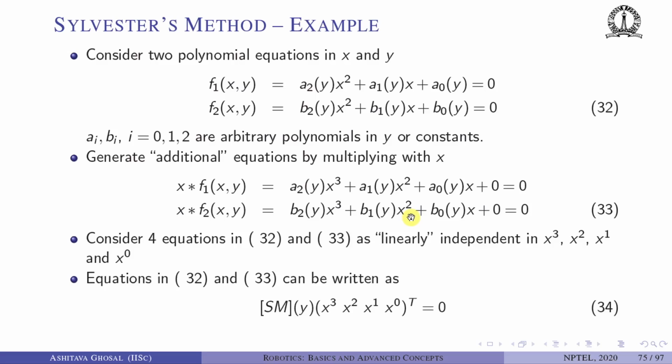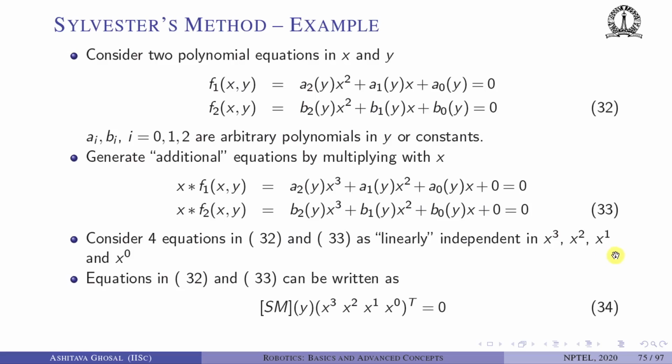The second step in Sylvester's method is very important. It tells you that we consider x cube, x square, x which is x to the power 1, and the constant which is x to the power 0, as linearly independent variables. The word linearly is important. They are clearly not independent because x square is clearly the square of x to the power 1.